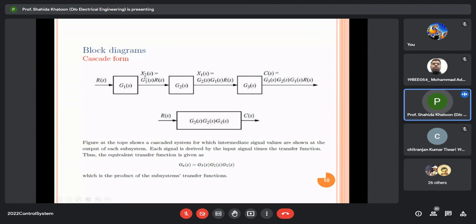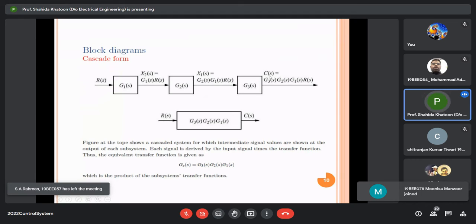But X2(s) is G1 into R. So G1, G2, R(s) is X2(s). X1(s), because we are saying that signal at this point is X2, signal at this point is X1. Signal at this point we are taking as C(s), so it becomes G3, G2, G1 into R(s).